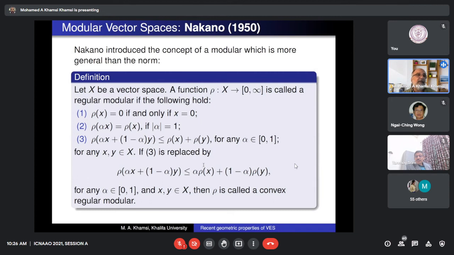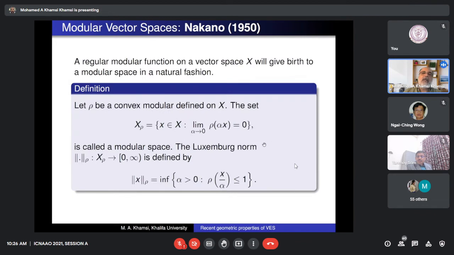But since you don't have it, you may have a problem with rho of 2x. In other words, rho of x may be finite, and rho of 2x may be infinite. And by the way, it's an extended function, so rho can take the value infinity. All this was known to Nakano.